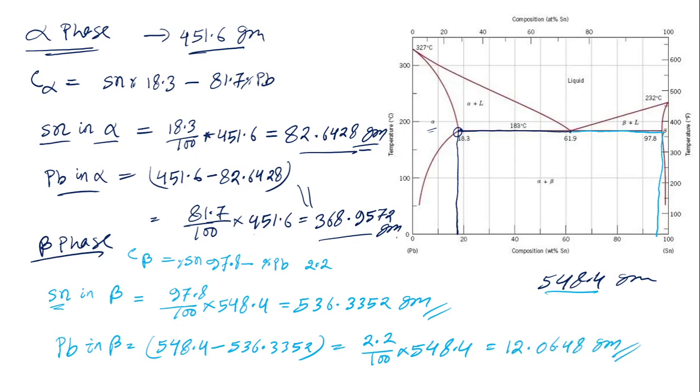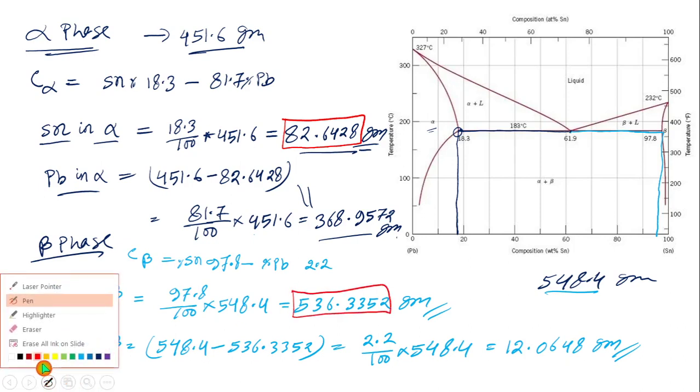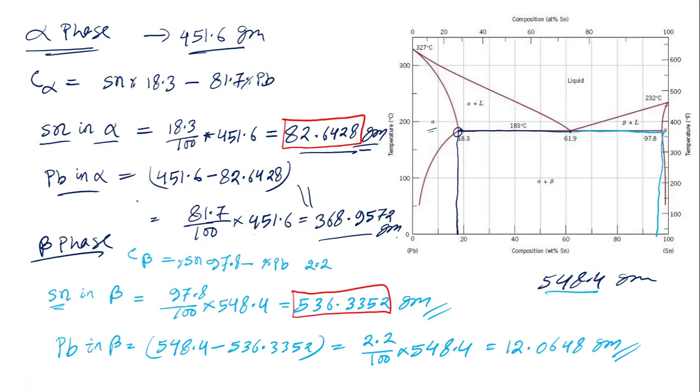Okay, so these are actually my answer, these four values: the amount of Sn in alpha and amount of Sn in beta. Similarly, the amount of Pb in alpha and amount of Pb in beta.